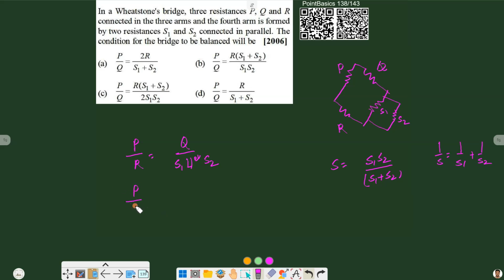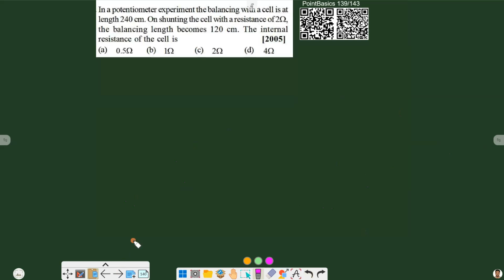So P by R is equal to Q by S1 S2 by S1 plus S2, and we can swap R and Q here. So P by Q is equal to R times S1 plus S2 by S1 S2. That is option B.